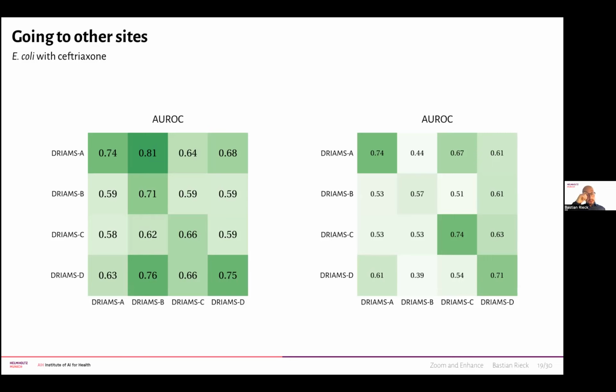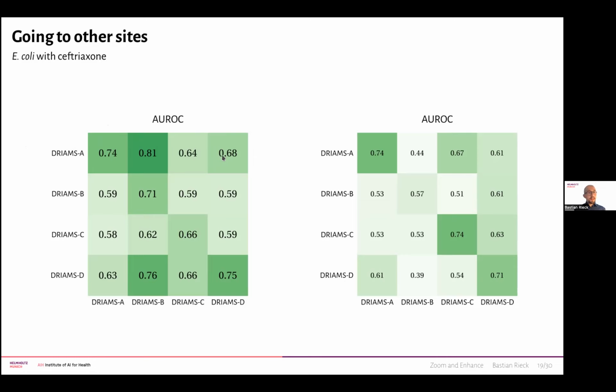This is what we did in a secondary experiment where we took data from one of the sites. By the way, the data set is called DRIAMS, for the database of resistance in antimicrobial spectra. We took one DRIAMS site, trained on it, and then tested on the other DRIAMS sites. In an ideal world, almost all the cells here would be the same color.